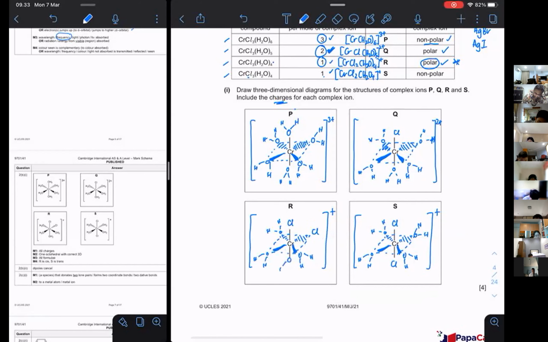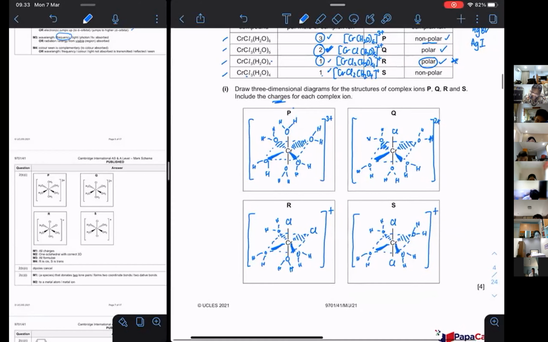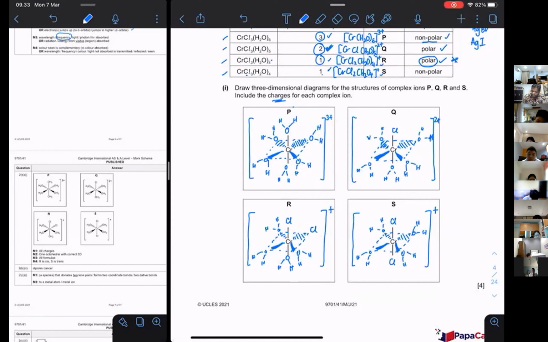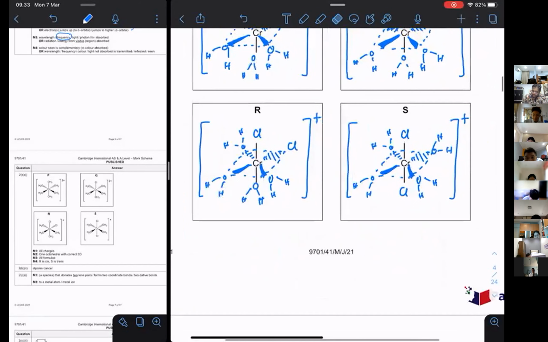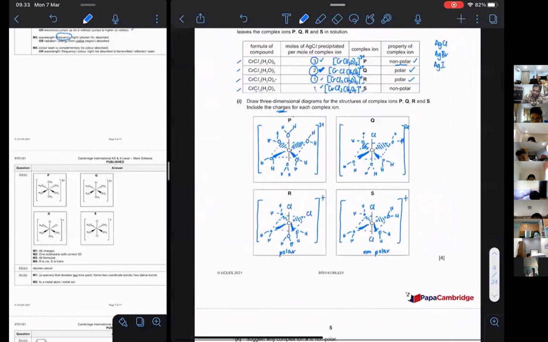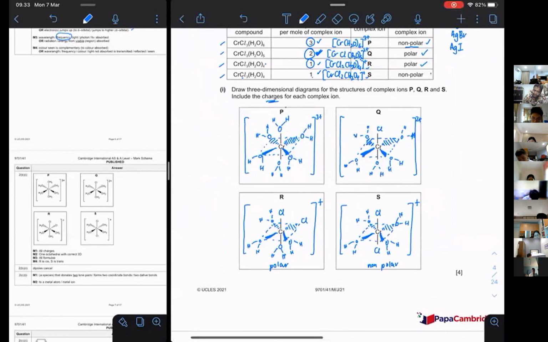So the question is correct, because both of them are the same ion. Depending on how you put it, it will influence whether they are polar or non-polar. If it is put top and bottom, then it's going to be non-polar. If it is put something beside, then they are not going to be able to cancel each other out properly. So they are polar. So R is polar. So this is going to be the best answer.